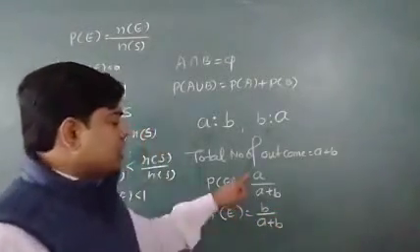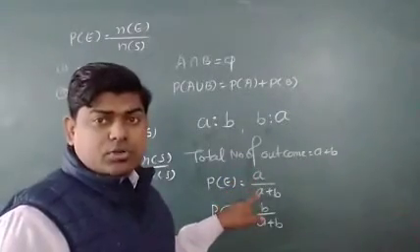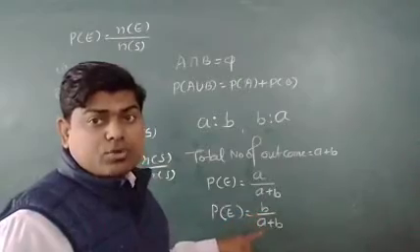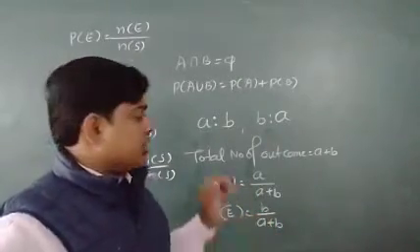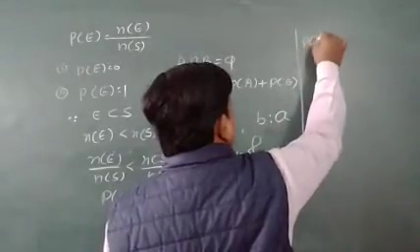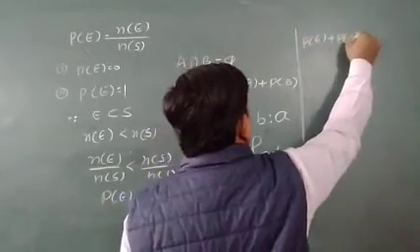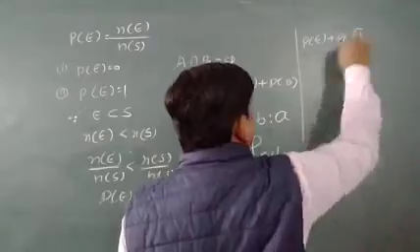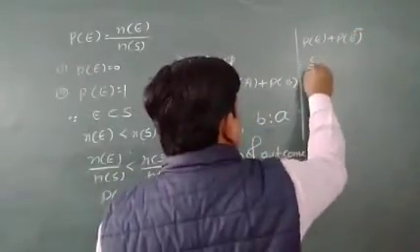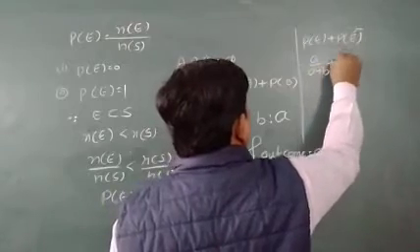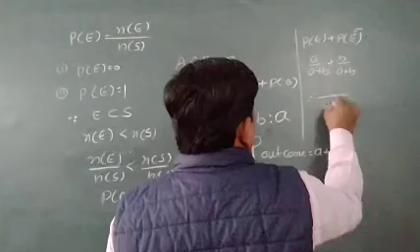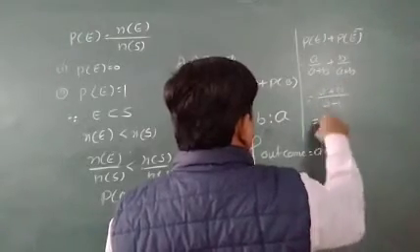Why did I write this? Favorable outcomes upon total outcomes. Now if I write the probability of E plus the probability of E bar, it is A upon A plus B plus B upon A plus B, and taking the LCM, it is A plus B upon A plus B, which is 1.